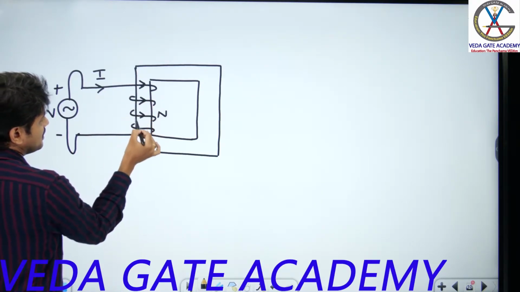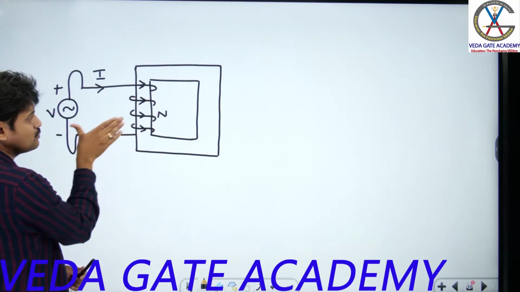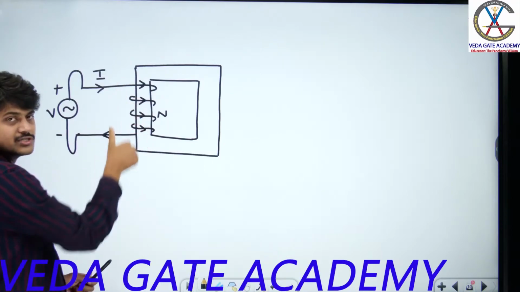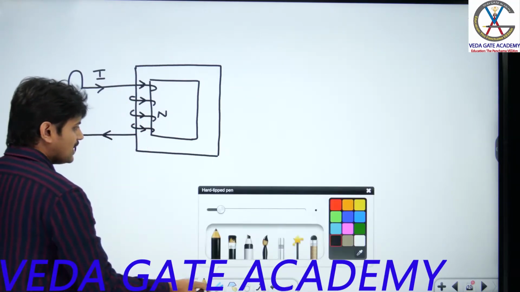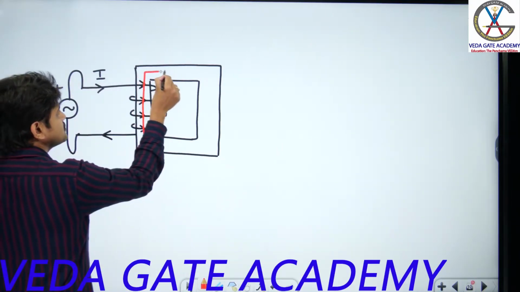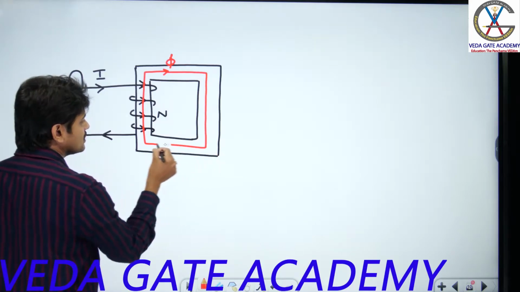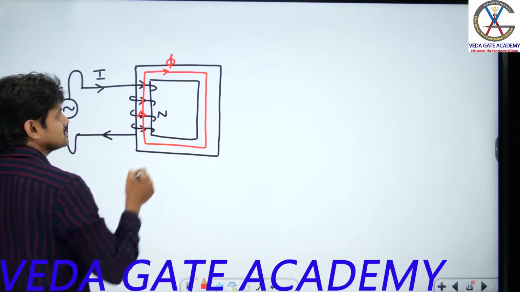Observe the direction of the current through this winding: the current is moving in this direction, so my thumb will be in the upward direction. So the direction of the flux is in this direction. As we know, flux is a curly field, so it will close on its own in this fashion. So this is my direction of flux.